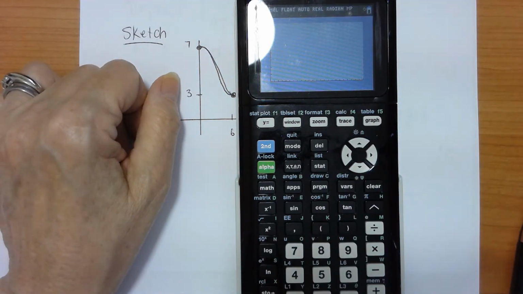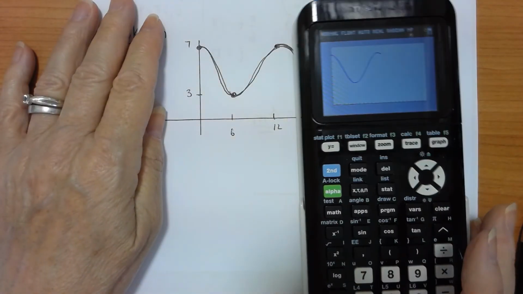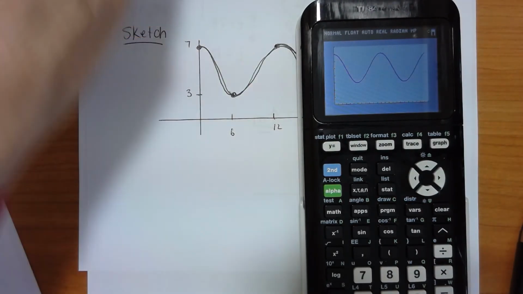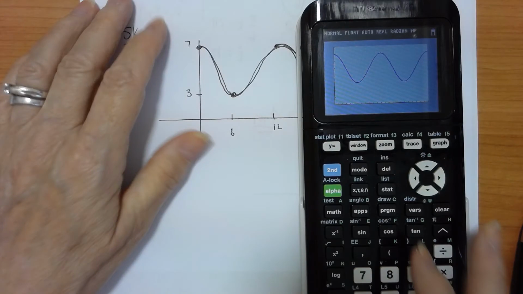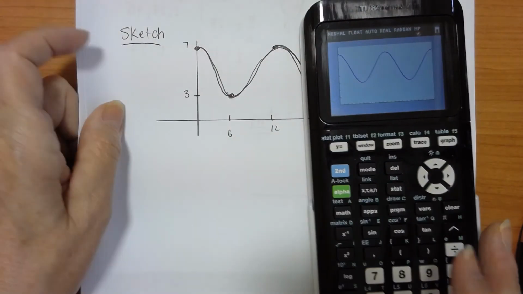And I could graph that, and I could make sure that my graph that I drew is the same as that graph. So I could look at it and say, okay, good, I've drawn the right thing.